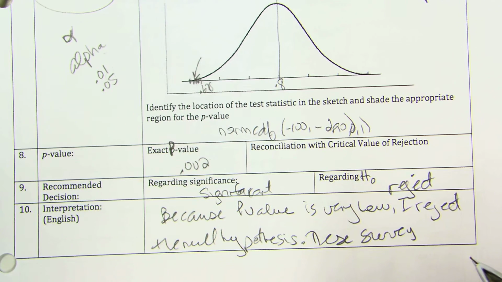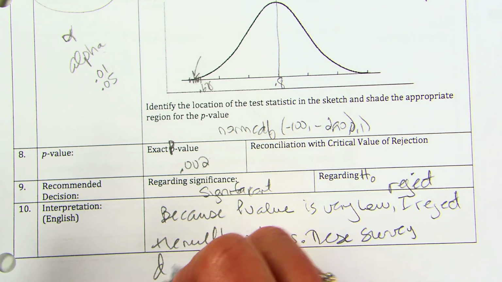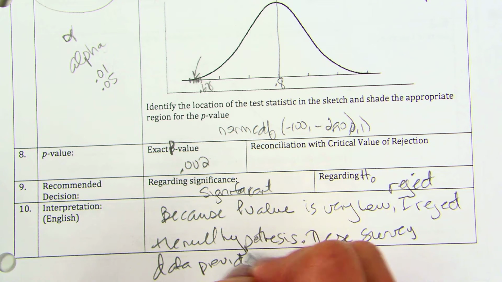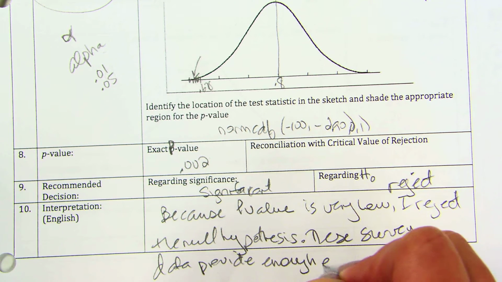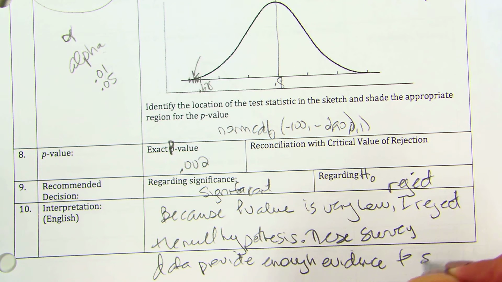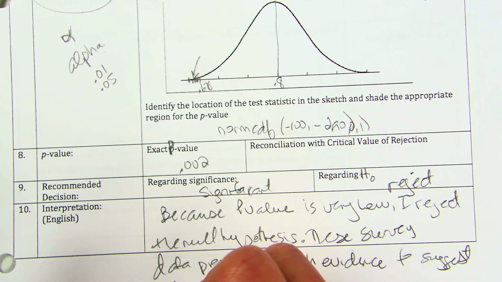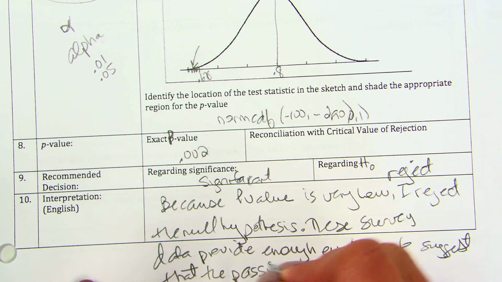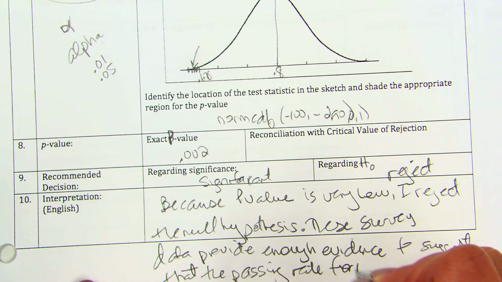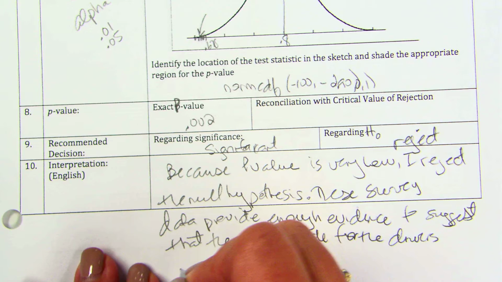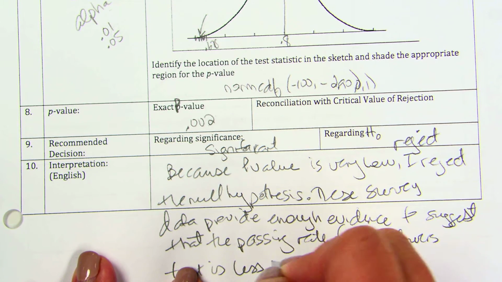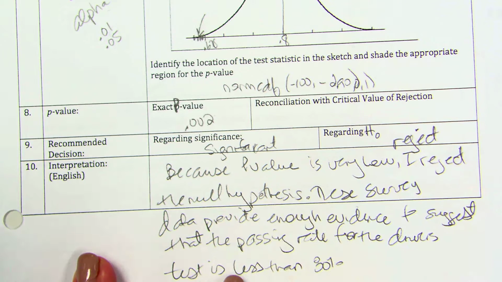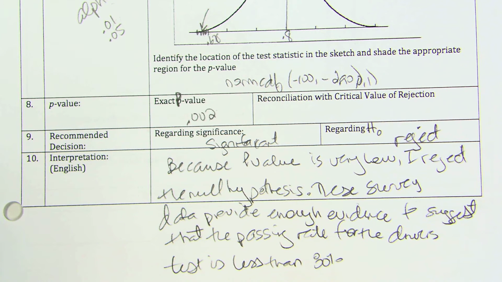These survey data provide enough evidence to suggest that the passing rate for the driver's test is less than 80%. Okay? All right.